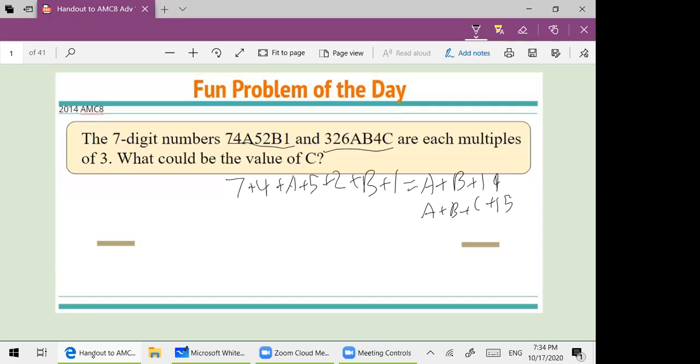So that means their difference is also divisible by 3, which means that c minus 4 is divisible by 3. And so this tells you that the possible values of c are 1, 4, and 7.